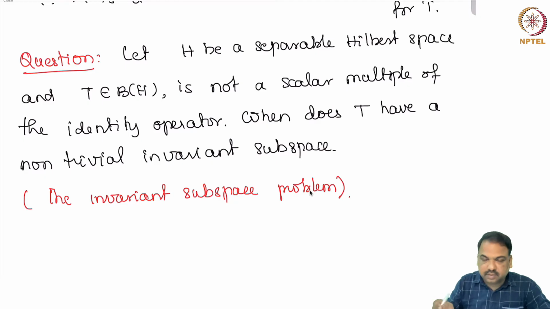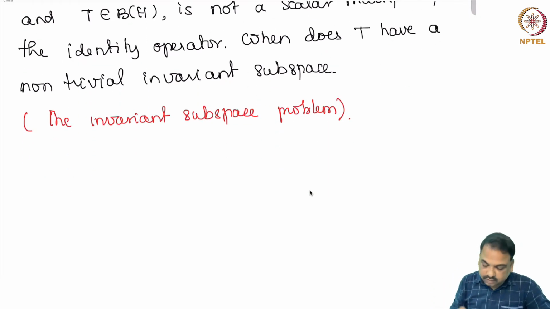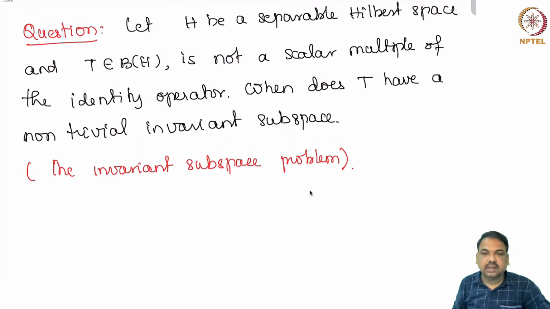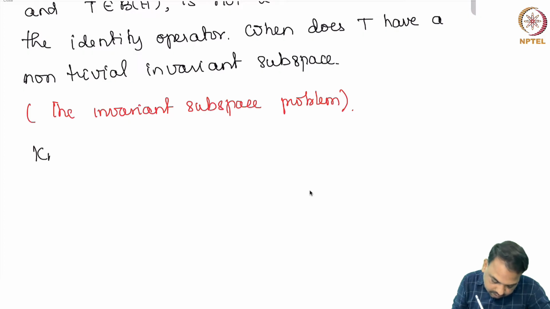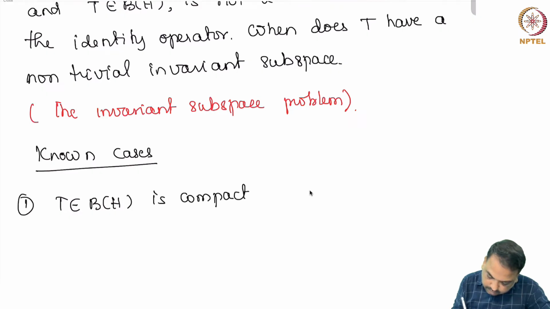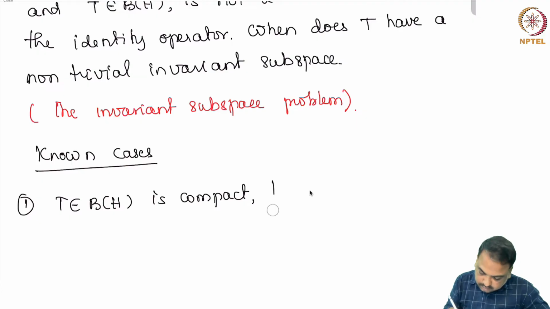For several cases this problem is solved. For example, if T is a compact operator, we will be discussing compact operators at a later stage. So known cases: then T has a non-trivial invariant subspace.